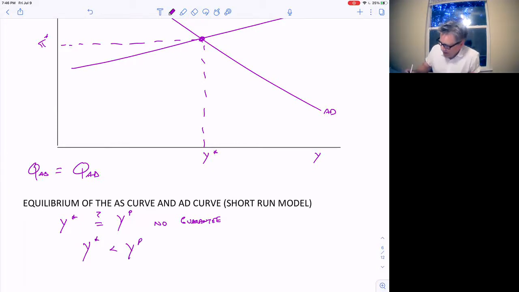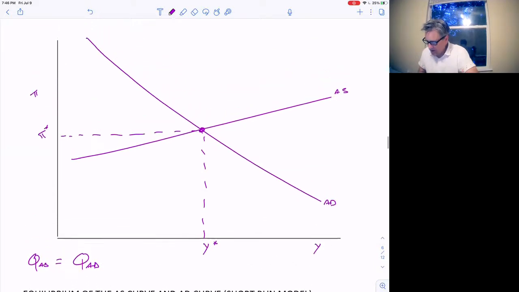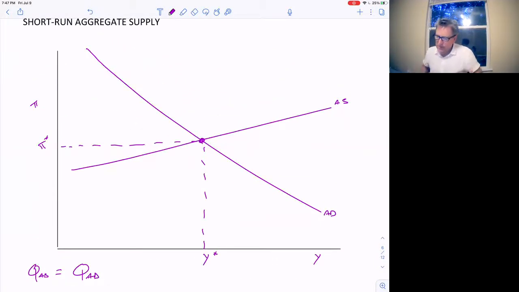We're in recession. It's possible that Y star is greater than potential. Maybe we're beyond the PPF a little bit. And it's also possible that Y star is equal to potential. We don't know, but it's an equilibrium. Wherever it is, it's an equilibrium where the quantity supplied is equal to the quantity demanded in the entire economy.